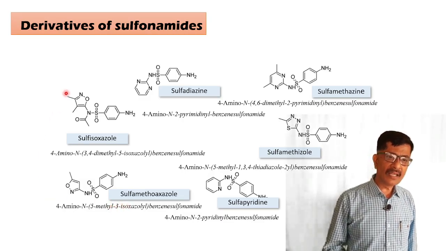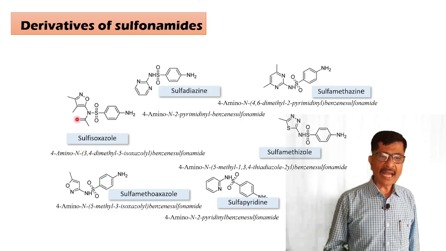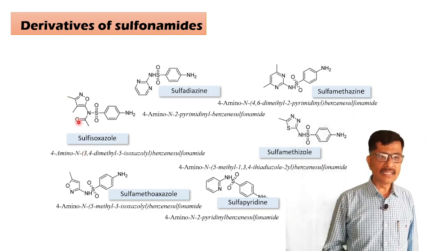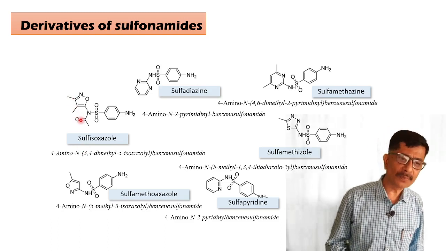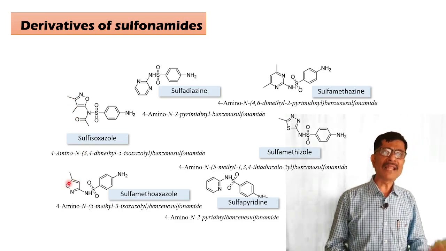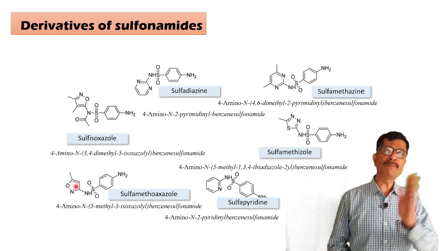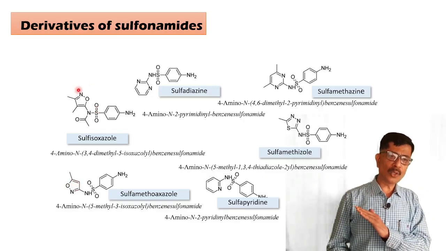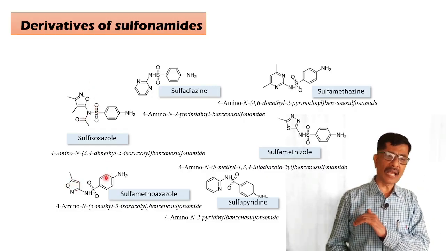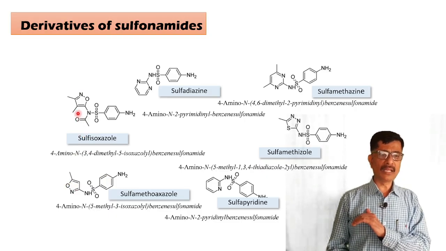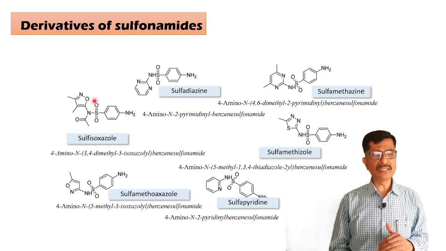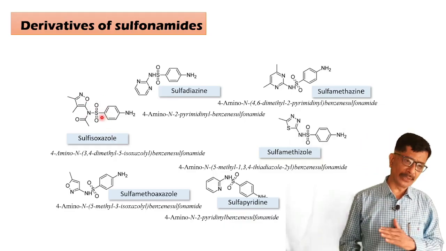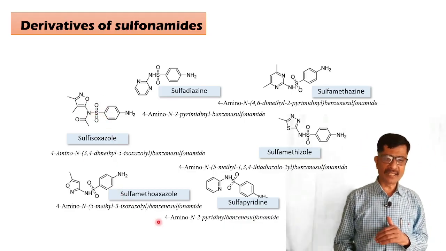Then here there is disubstitution. There are 2 methyl groups substituted at 3rd and 4th position, where there is only 1 methyl group at 5th position. So though both compounds have isoxazole nucleus, the pattern of attachment to the sulfonamide nitrogen is different. The chemical names are here.